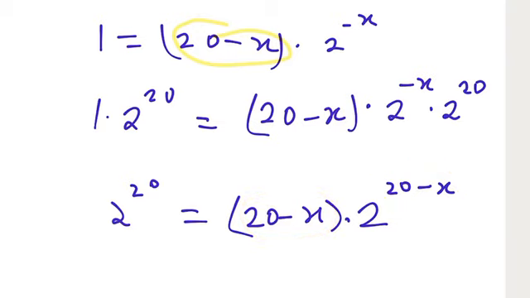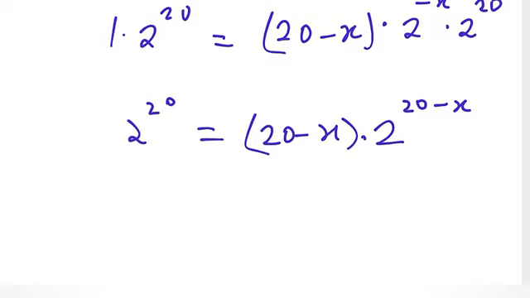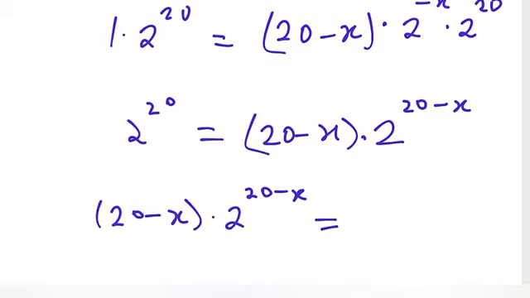Okay, so from there, the next thing we're going to do is let me rewrite the equation by having 20 minus x, then multiply by 2 to the power of 20 minus x on the left hand side, and 2 to the power of 20 on the right hand side.